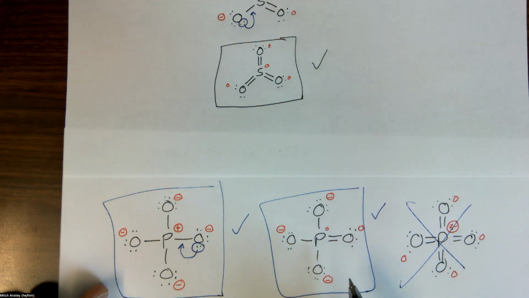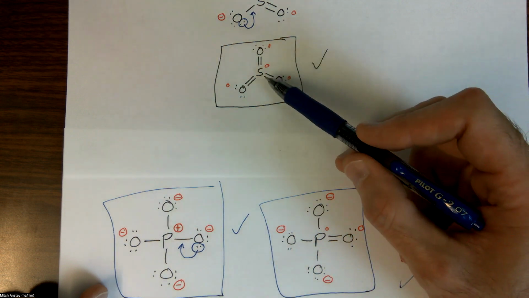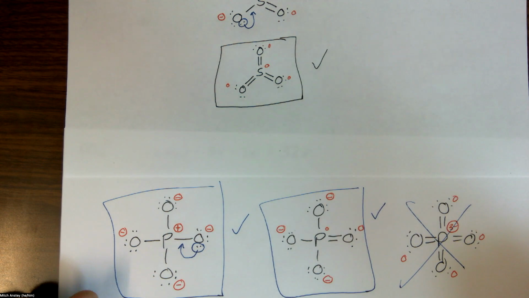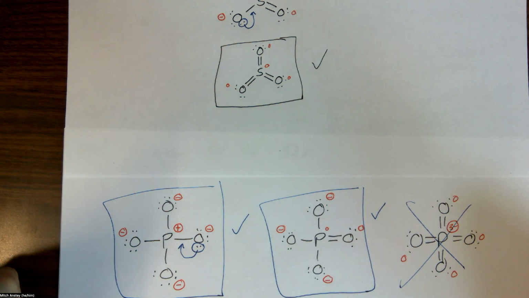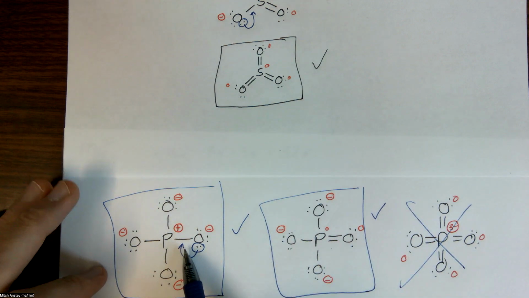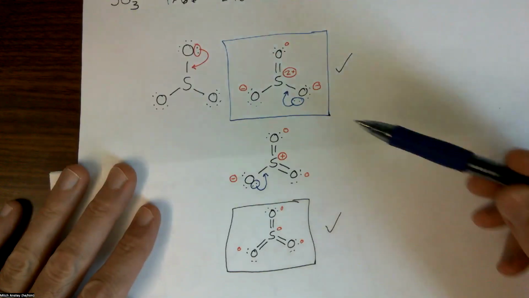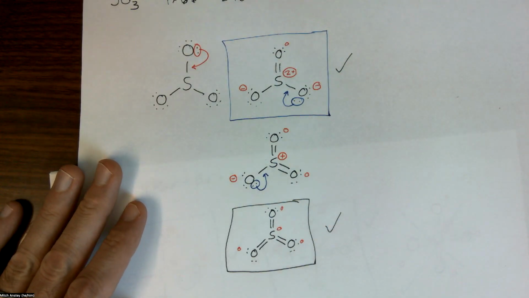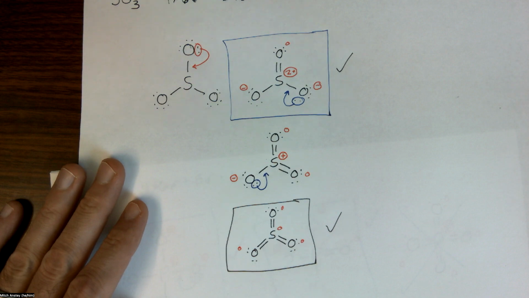This is the point where you need to stop on phosphate. With sulfur, you're allowed to go until you get to 0 formal charge, which just happens to coincide with all of the oxygens double bonded. So this structure and this structure are the accepted structures for phosphate, and this structure and that structure are the accepted ones for sulfur trioxide. That's it. Enjoy.